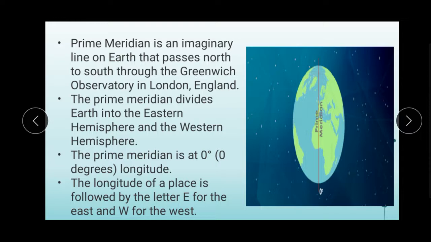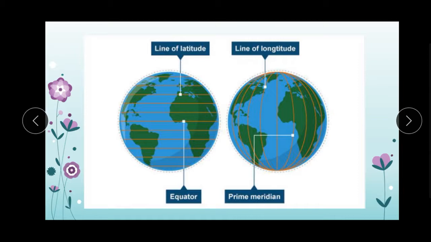Then what is the degree of the prime meridian? 0 degree longitude. The last point: the longitude of a place is followed by the letter E for east and W for west. Very good. Now we will compare longitude with latitude.